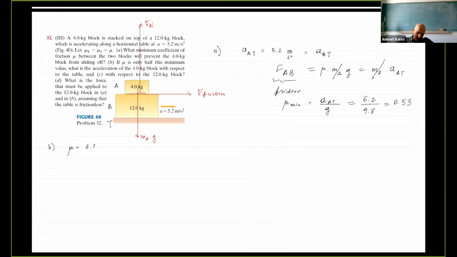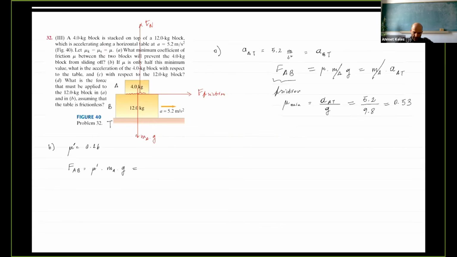Okay. So the force now on A by B is equal to this new mu. Maybe I can call it mu prime to indicate that it's a new one. So this is mu prime times MA times G. And you know that's the only force along that direction.